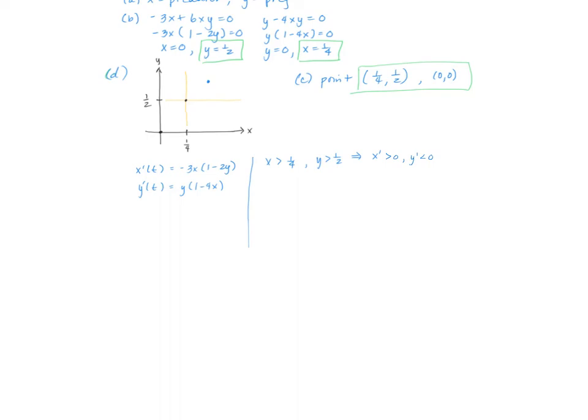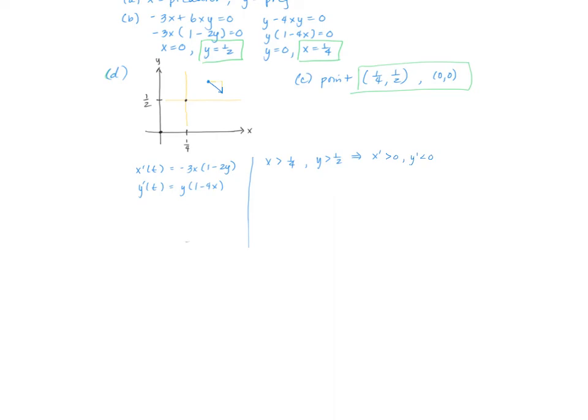I'm going to have positive movement in the x direction, but negative movement in the y. So if this is my starting point, I'm going in this direction, downward and to the right.